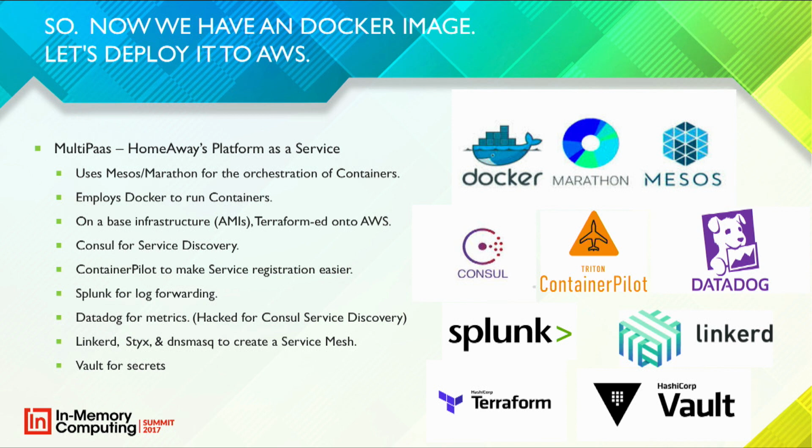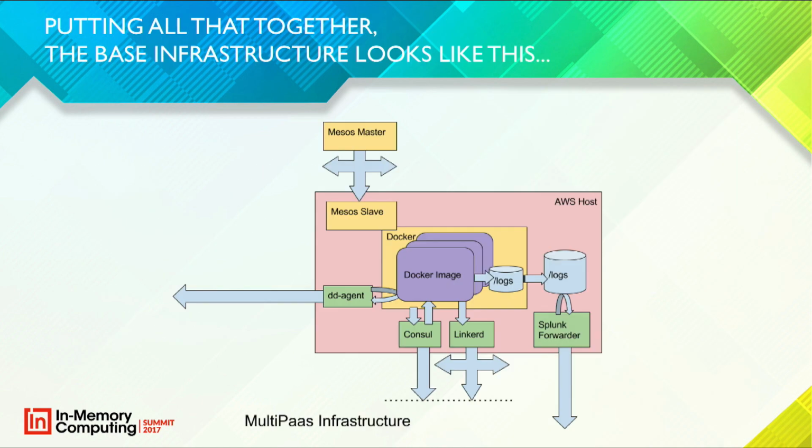Secrets is a really big issue, of course, in all of AWS or all of the cloud, but we won't go into it. Vault is the basis of what we do, but it's far more complex than that. So putting all this together, we get a base infrastructure that looks like this. You basically have a host that gets laid down, and it's managed by the Mesos master.